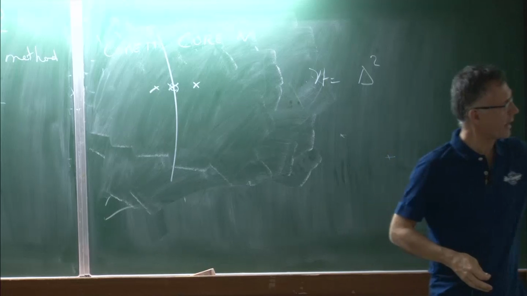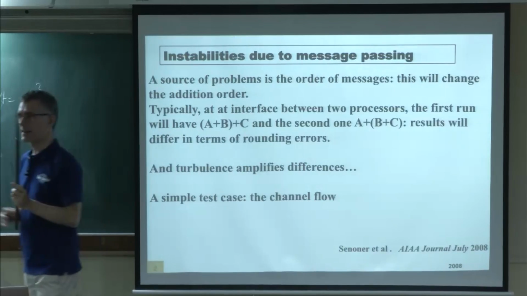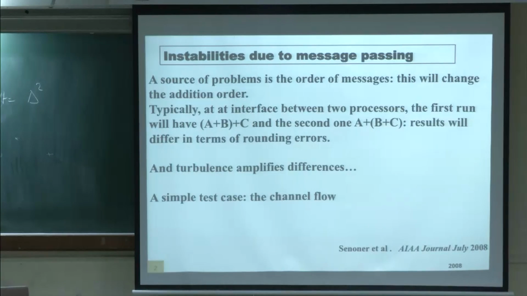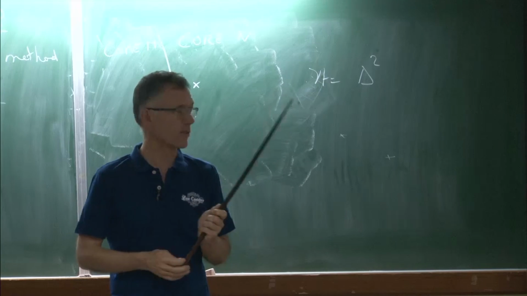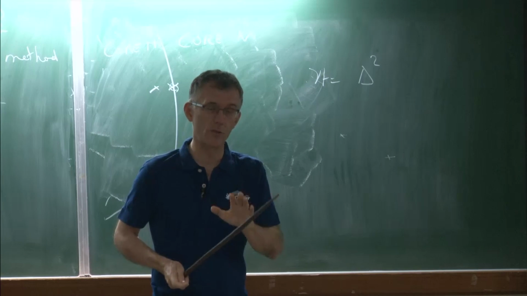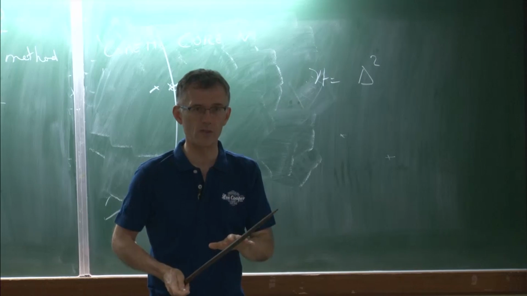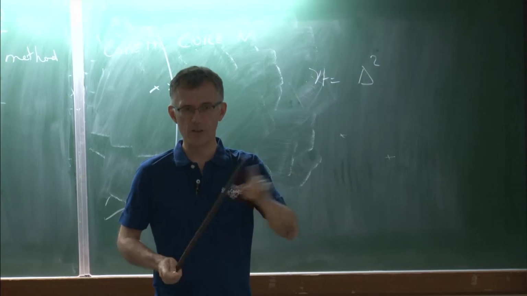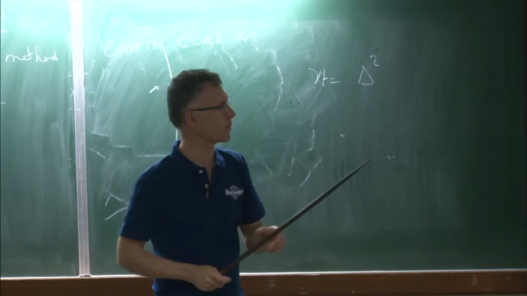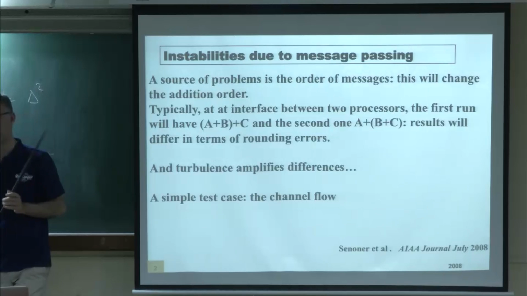But maybe you will do A plus B plus C if you get the message later here. Which really means that if you do a computation on a different number of processors, then you will have different results. It also even means that if you do the computation the same day with the same code on the same machine with the same number of processors, but your neighbor is using the machine also, so that it will change the order of the messages, then you will have a different result.